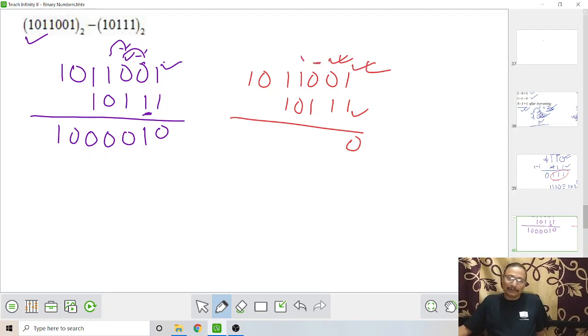So first of all, this will take a carry from here as 1, and that will be equivalent to 2, and that 2 will give us 1 as a carry to this place, and that will become 2. And now if this 2 gives 1 as a carry to this, now it became 1.